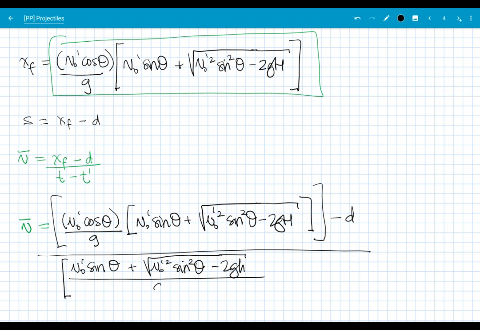That's all over g. That's my t minus t prime. And I just realized that I should have used a lowercase h right here.